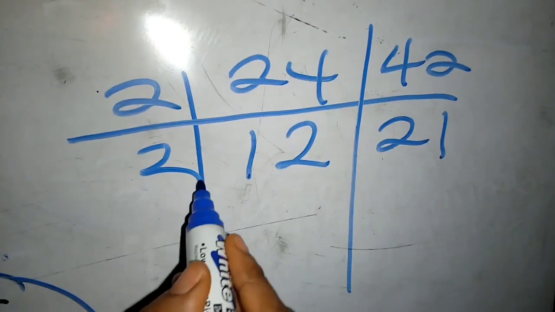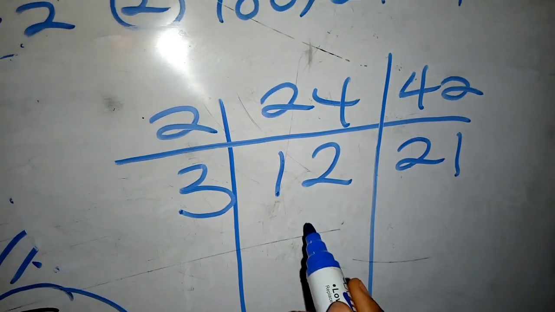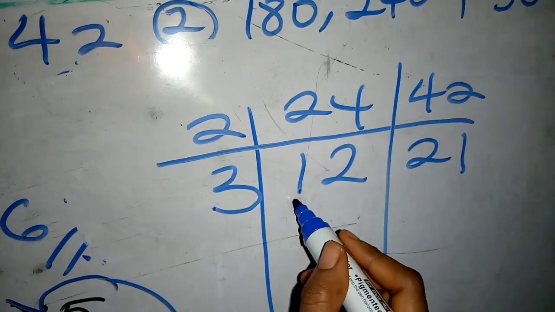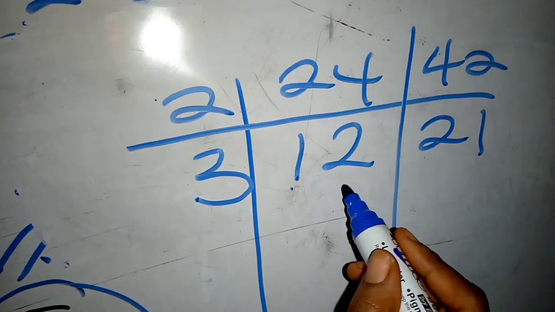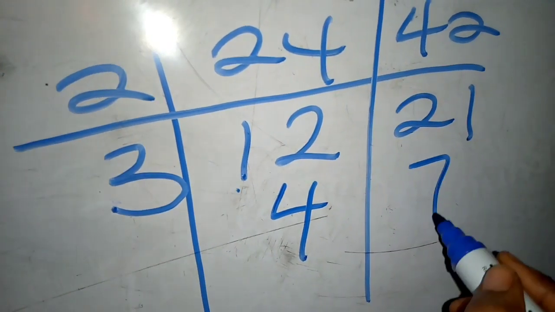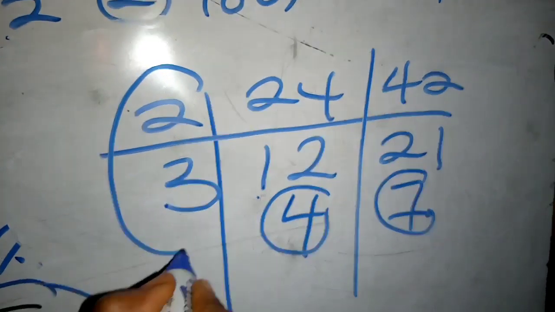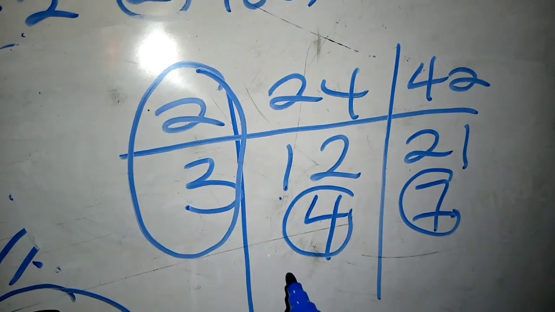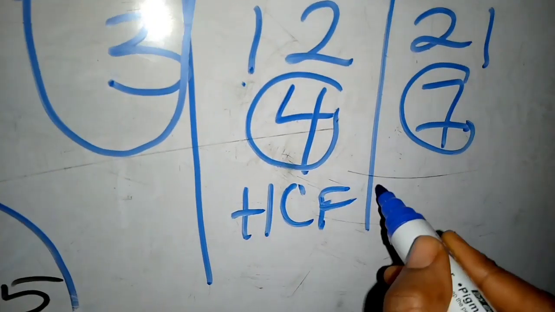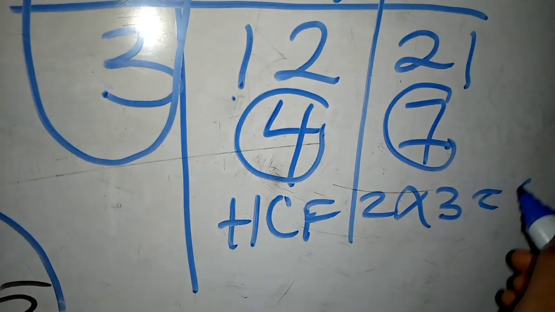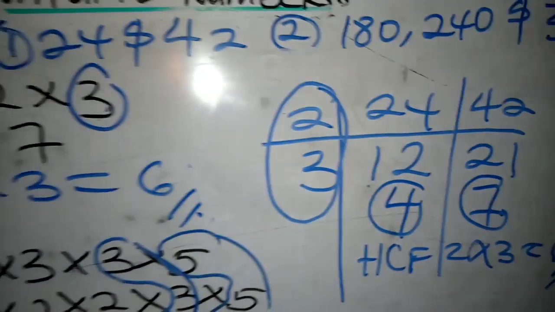The only number that can go is 3. 3 in 12 is 4, and 3 in 21 is 7. They have no common factor again. Therefore, the common factors between them are 2 and 3. So the HCF will be 2 times 3, which is 6. So we can use that method.